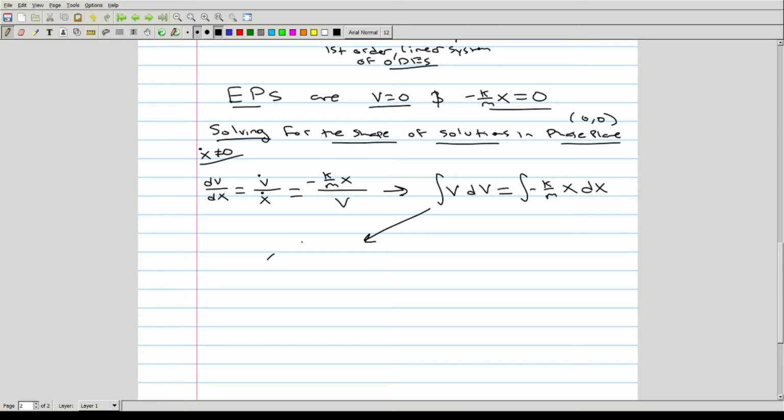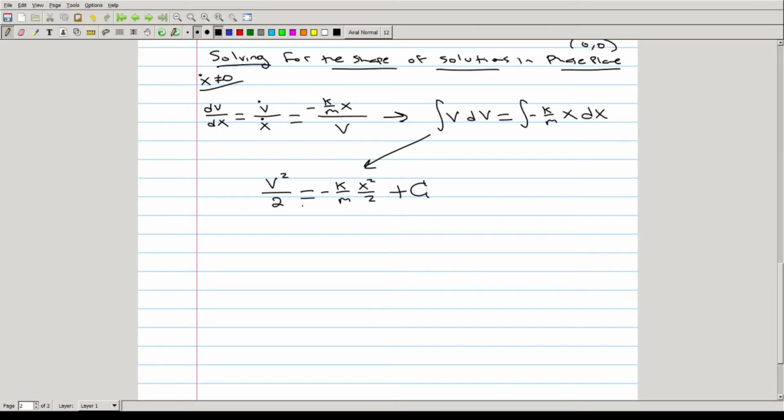So v squared over 2 should be equal to negative k over m x squared over 2 plus some constant of integration c. And we can rewrite this as v squared plus k over m x squared is equal to 2c, which, because c is an arbitrary constant, we'll just rename as d.